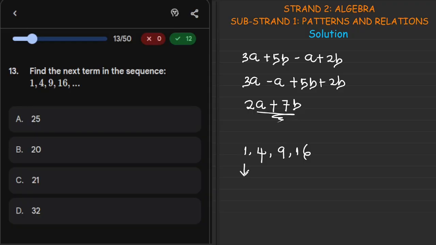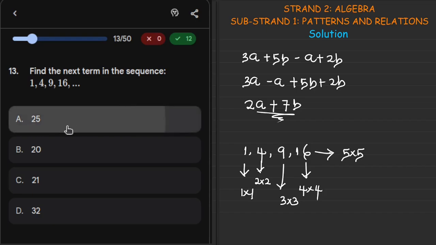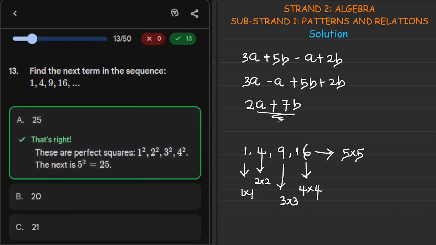This one here is actually a 1 times 1. This 4 is actually a 2 times 2. The 9 is also what? A 3 times 3. 16 is a 4 times 4. Hence, if we want to proceed, we are going to use what? A 5 times 5. And 5 times 5 gives us what? A 25. So that is A.